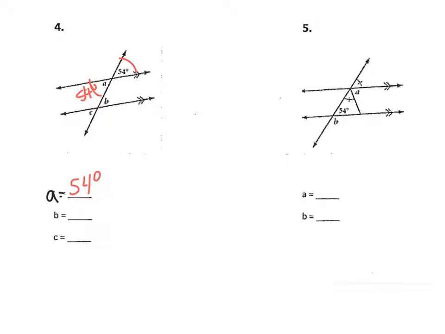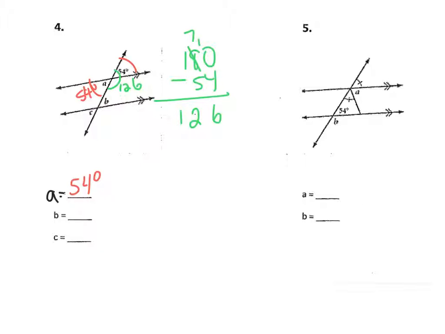I notice that these two angles right here make a 180 degree angle. So if I do 180 minus 54 degrees, we have 126. So this angle here is 126 degrees.